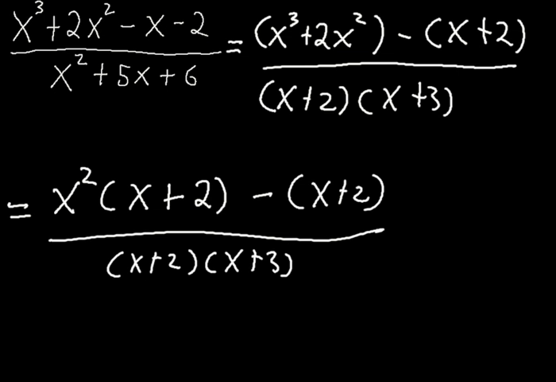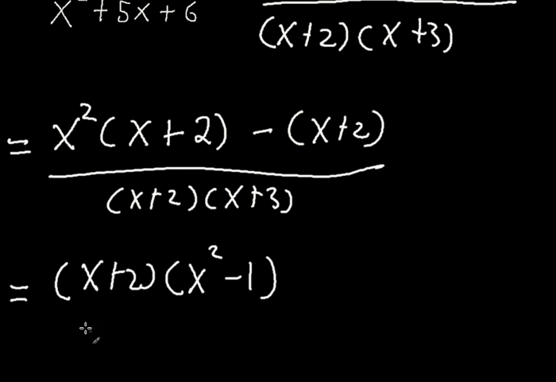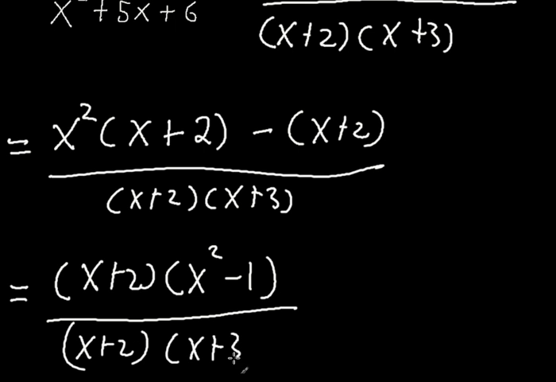Again, we can see we're going to end up canceling that x plus 2. So I have x plus 2, factoring that out, x squared minus 1, and that is over x plus 2, x plus 3. Okay, so I can cancel the x plus 2 as we've been guessing.